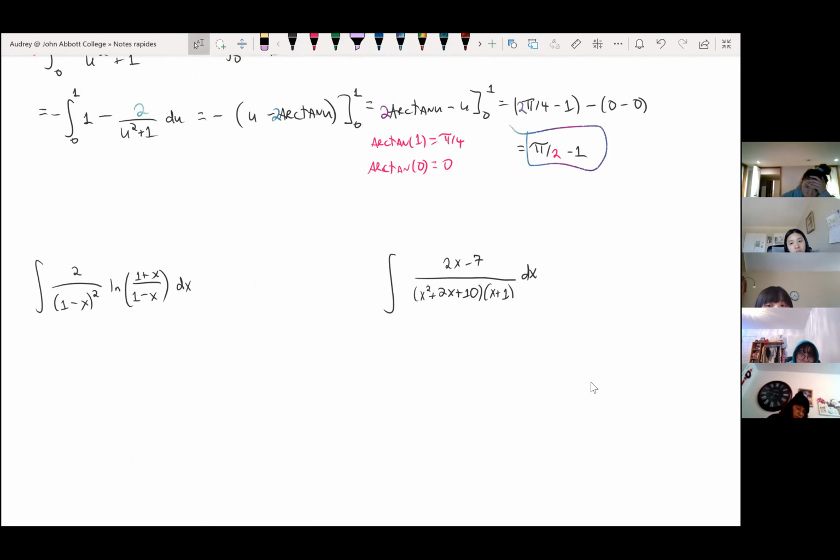So like the known form is the integral of 1 over x squared plus a squared dx is equal to 1 over a arctan of x over a. And yes, you could also do long division there, but it will just be longer. And you guys might be noticing that the faster you do things, the better.